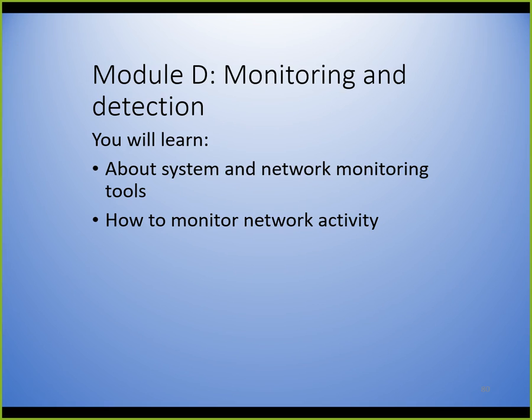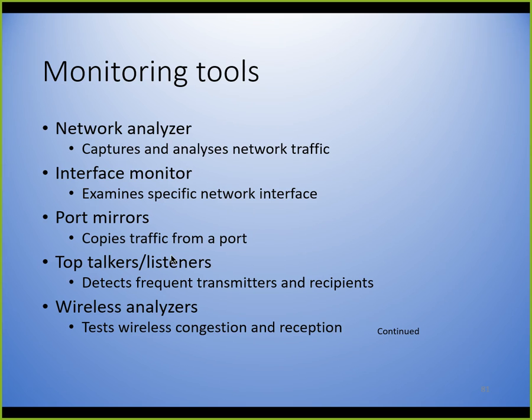So we're going to talk about system and network monitoring tools and then how to monitor activities. Again, we've looked at some of those already. The network analyzer captures and analyzes network traffic, Wireshark. Interface monitor, we saw a little bit of that with the SDM. You monitor an individual interface. You can do that with SNMP devices.